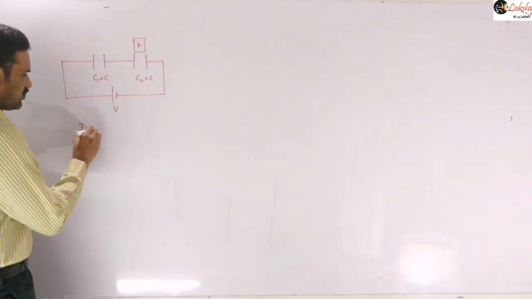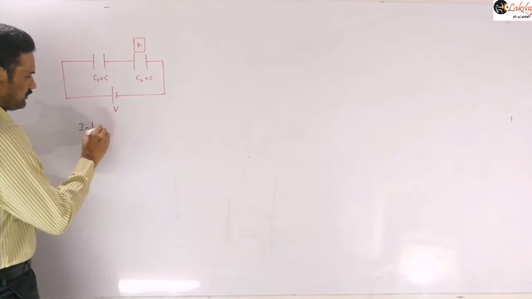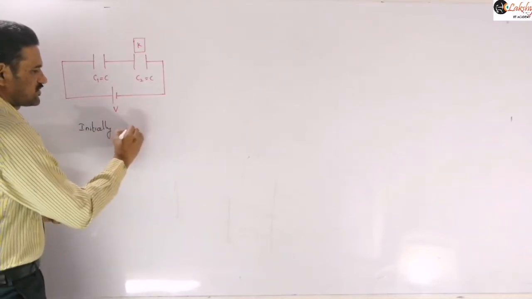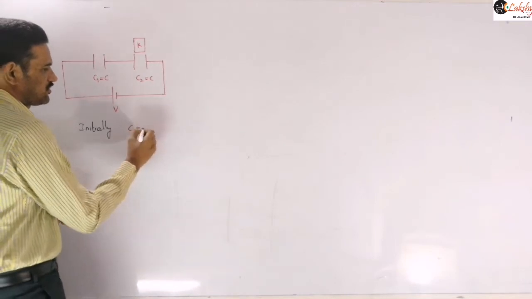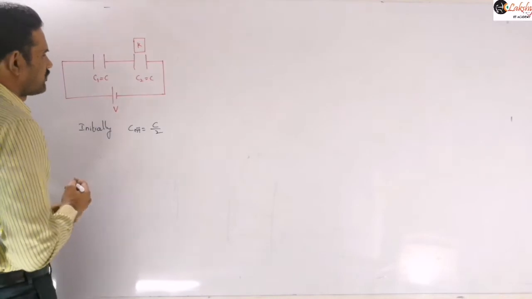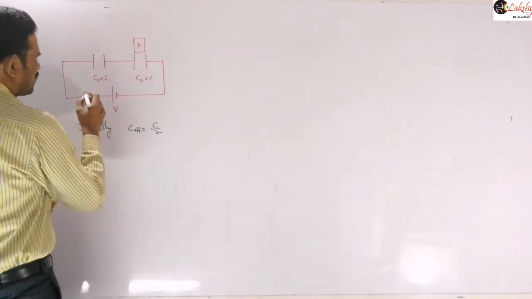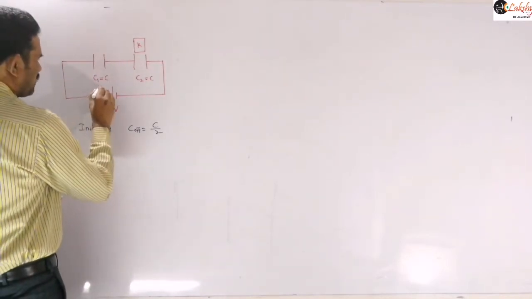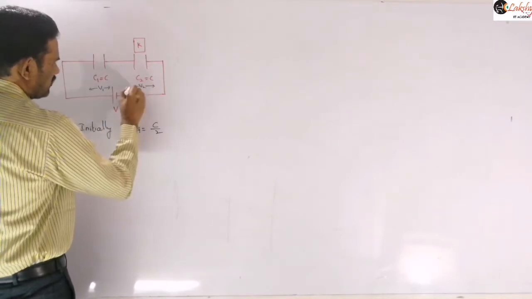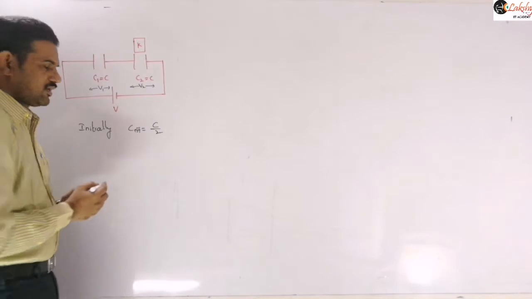So I am writing the initial values here, that means before inserting the dielectric. Initially, both are in series, so C effective will be equal to C by 2. Then the potential difference across each one, I am taking as V1 and V2 initially.